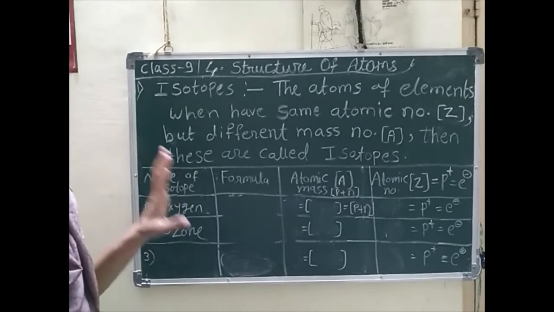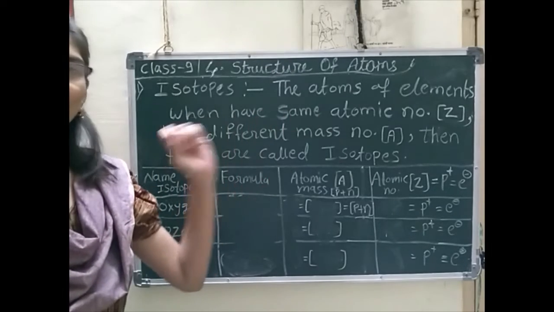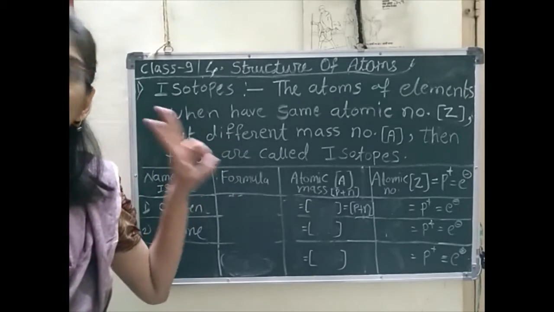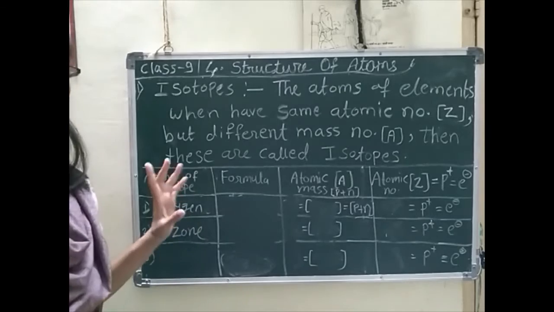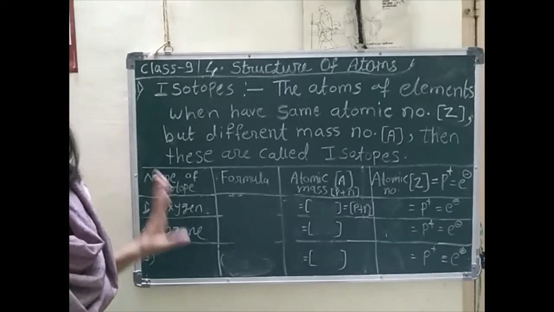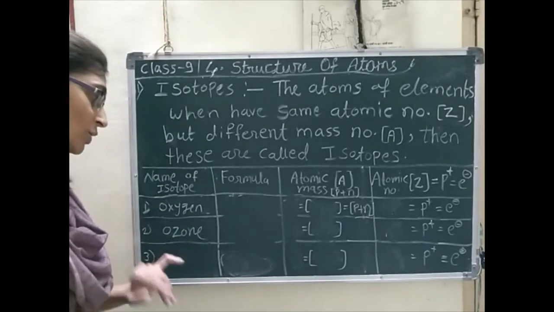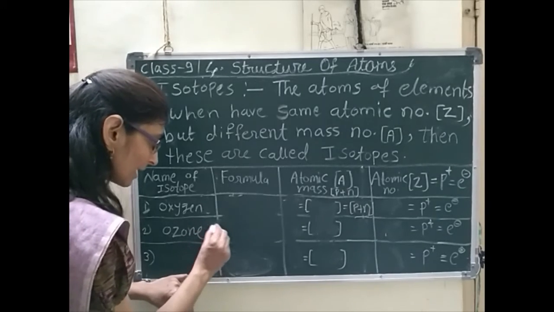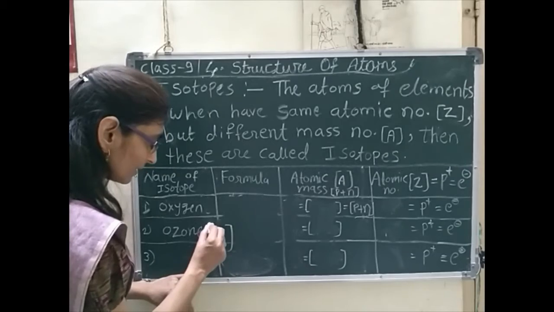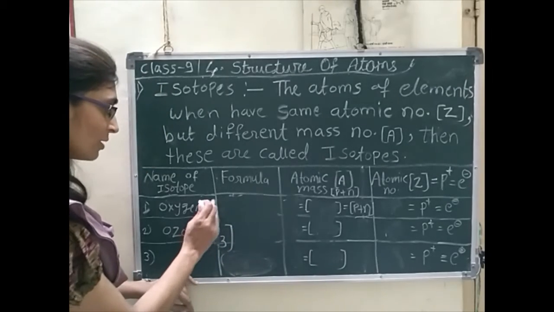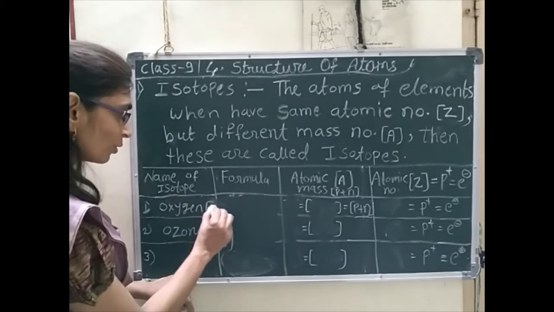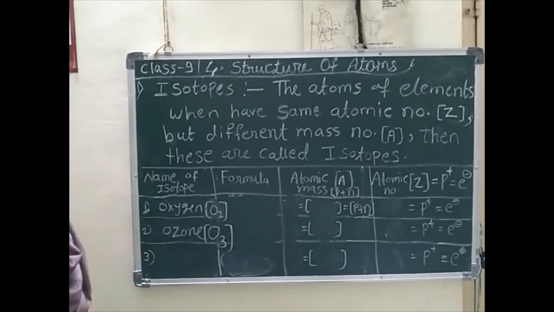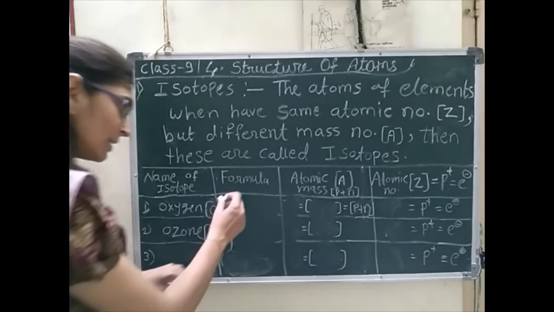Oxygen we always write as O2, which means it is diatomic. Two atoms combine to form an oxygen molecule. But ozone is O3, three atoms are combined to form ozone. That's why oxygen is diatomic and ozone is triatomic. That is different.